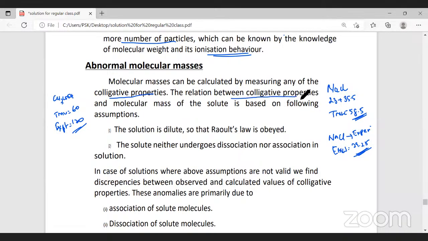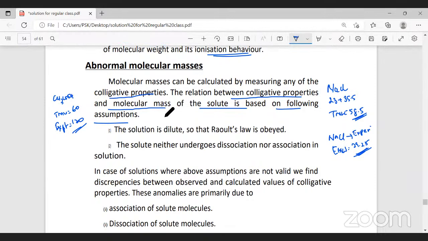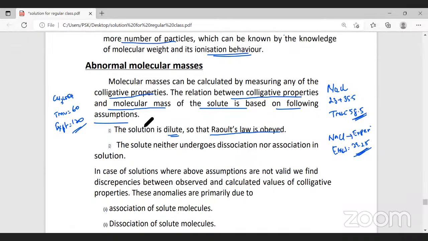The relation between colligative property and molecular mass of the solute is based on the following assumptions. First, the solution is dilute, so that Raoult's law is obeyed. So we learn the colligative property or solutions chapter only for dilute solutions. The second criterion: the solute neither undergoes dissociation nor association in the solution.